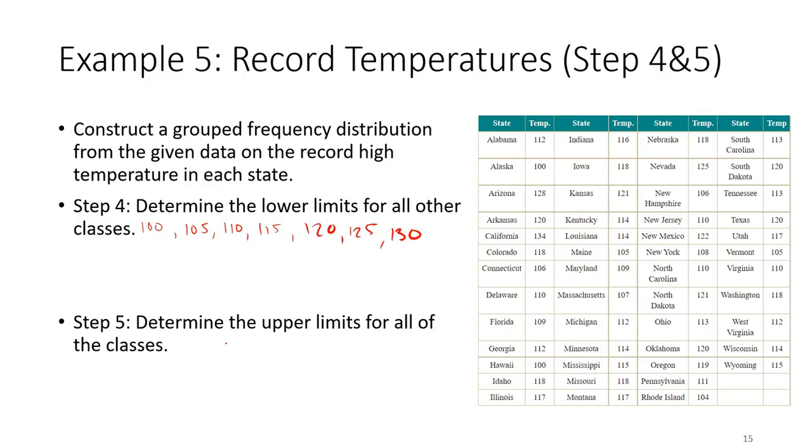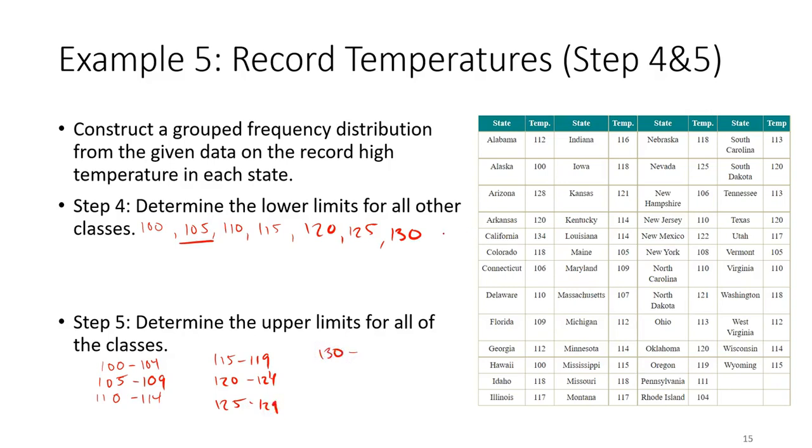To find the upper class limits, we're just going to subtract 1 from the next lower limit. So the first upper class limit starts at 100, and if we subtract 1 from 105, it'll go to 104. The second class would go from 105 to 109, and then 110 to 114, and so on. 115 to 119, 120 to 124, 125 to 129, and then 130.